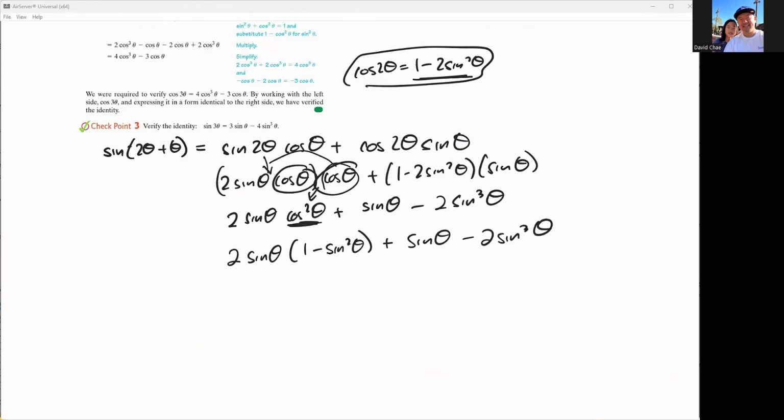Distribute the 2 sine theta to the 1 and to the sine squared theta. So it'd be 2 sine theta minus 2 sine cube theta plus sine theta minus 2 sine cube theta.